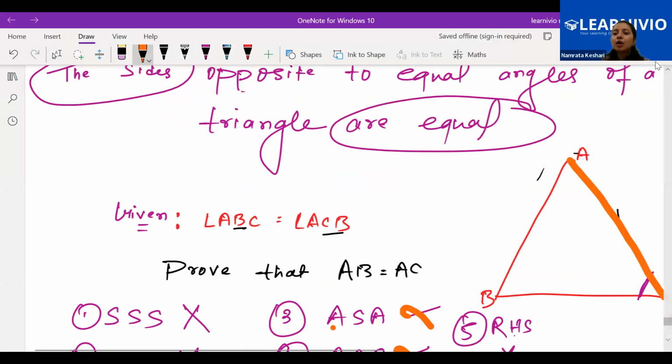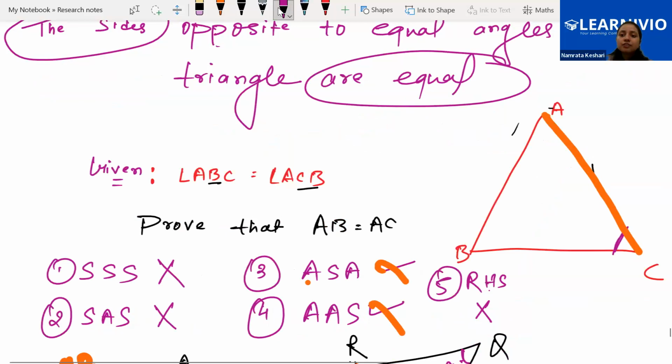If we drop a bisector of angle A over here also, then angle A over there equals angle A over there. If this is x by 2, that is also x by 2. Both parts are the same since we have done the construction in that manner. Now what information do we have in hand?